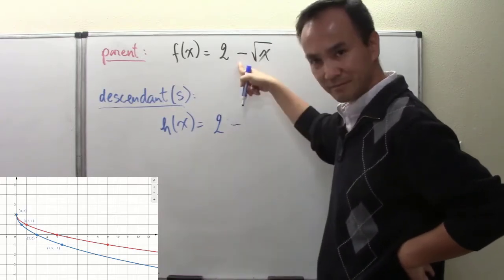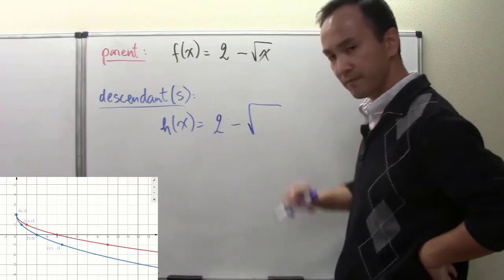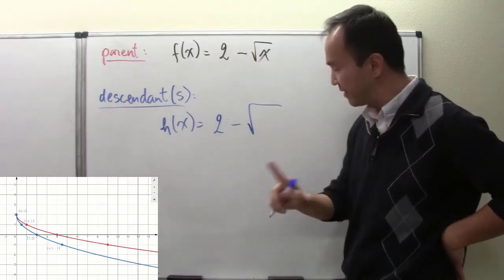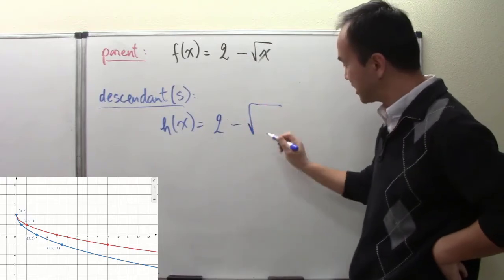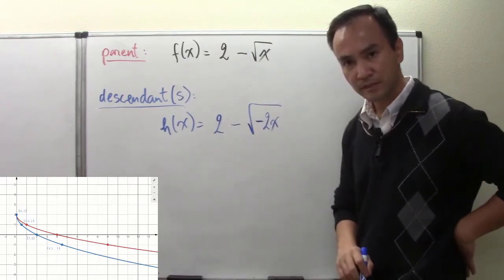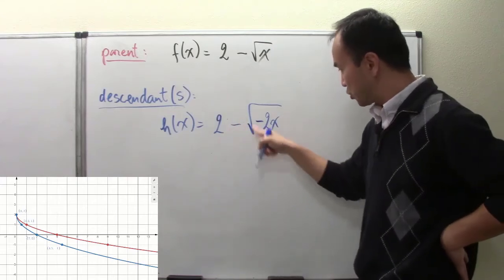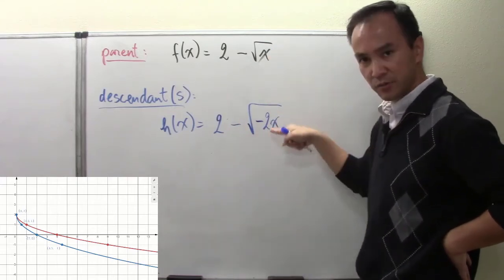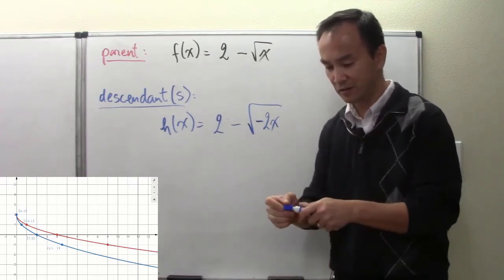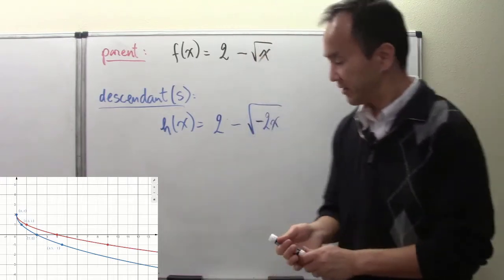How about 2 minus square root? It is almost exactly the same as that parent function, but this time inside the square root we have a minus 2x instead of x. Very similar to the earlier problem.